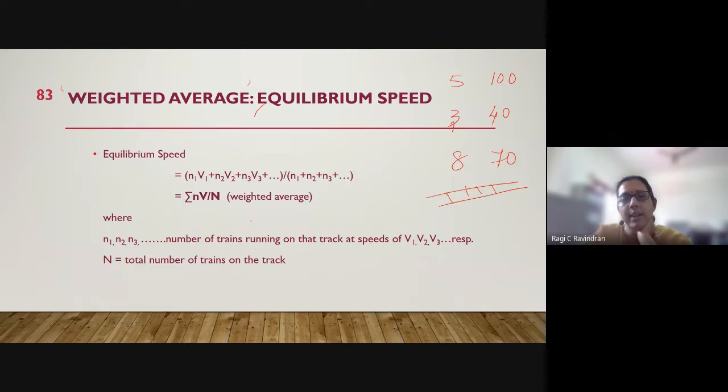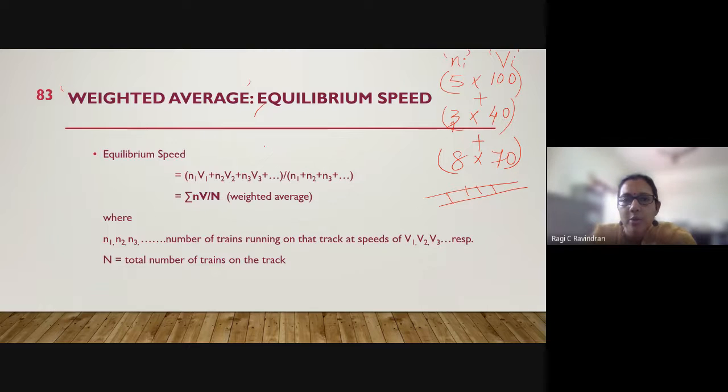And what is the weighted average method? You multiply the number of trains by the corresponding speed, then add it up. Ni represents the number of trains and Vi represents the speed of the train.